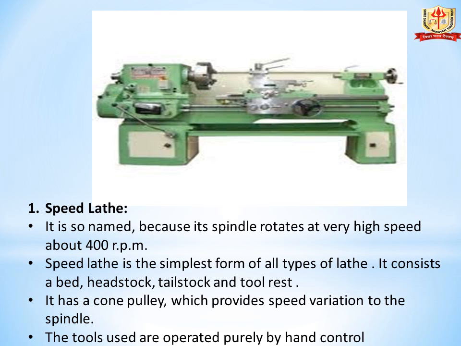It consists of a bed, headstock, tailstock and two rests. Third point, it has a cone pulley which provides speed variation to the spindle. The fourth point, the tools used are operated purely by hand control.